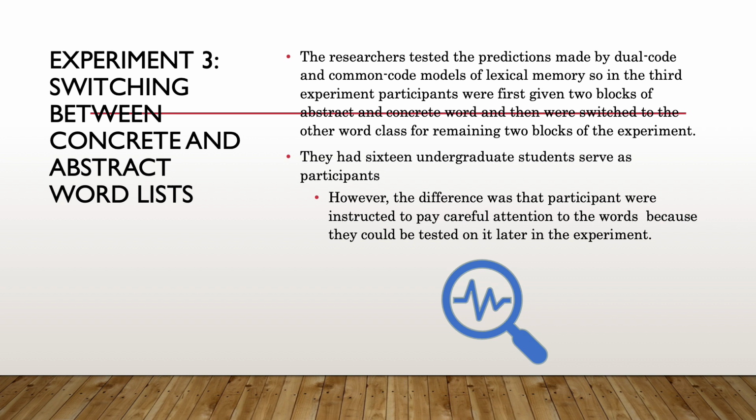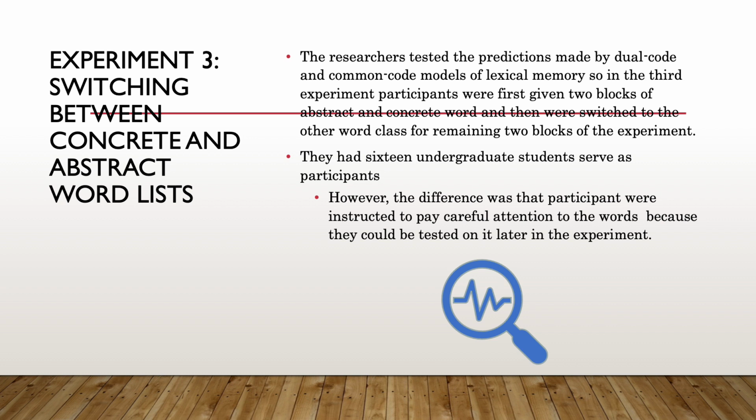If concrete words had a dual lexical representation, presenting them first in the experiment may allow a special purpose memory storage, and then being transferred to the other list, which would be the abstract words, would cause a disruption, which would delay the decision making.